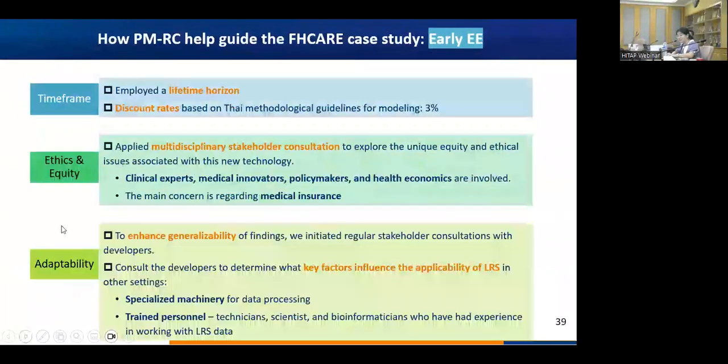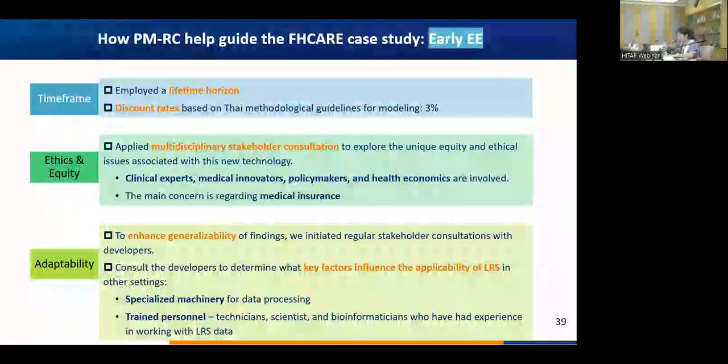Next, please. For the time horizon, we also employ the lifetime horizon to consider the long-term data. For ethics and equity, the main concern is regarding medical insurance.